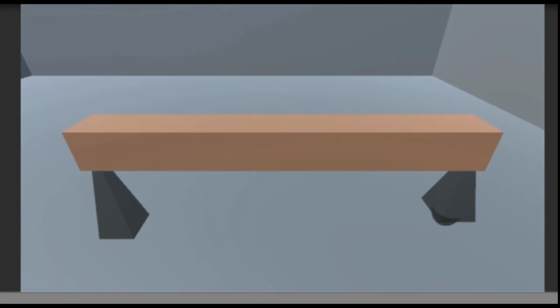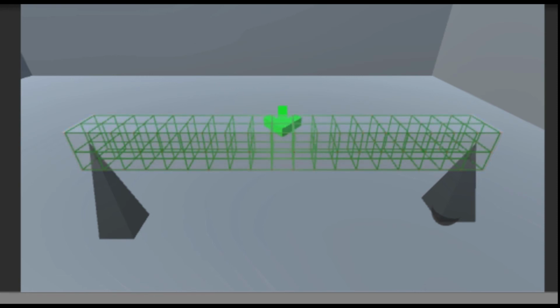Now, assume that, for the same beam, the load is applied horizontally. Then, the beam will bend horizontally.